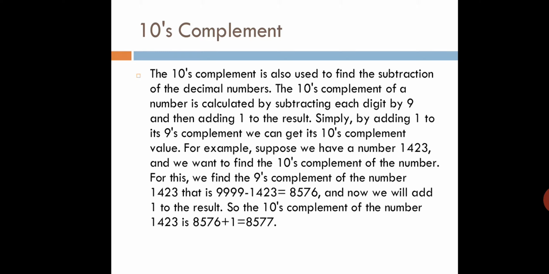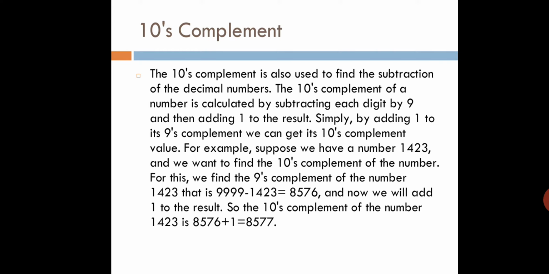So the 9's complement of 1423 is 8576. Now we have to add 1 to that result, so you get 8577. 8577 is the 10's complement of 1423.